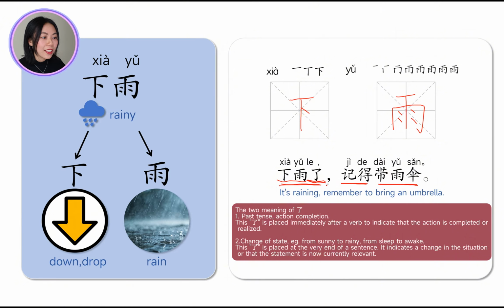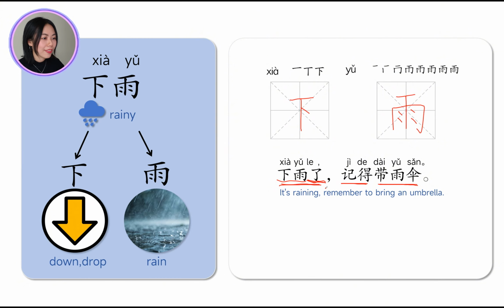And in this case, 下雨了 it refers to a state, which is rainy state, rainy situation. 记得 remember. 带 bring. 雨伞 umbrella. 雨 it's rain. 伞 is umbrella.